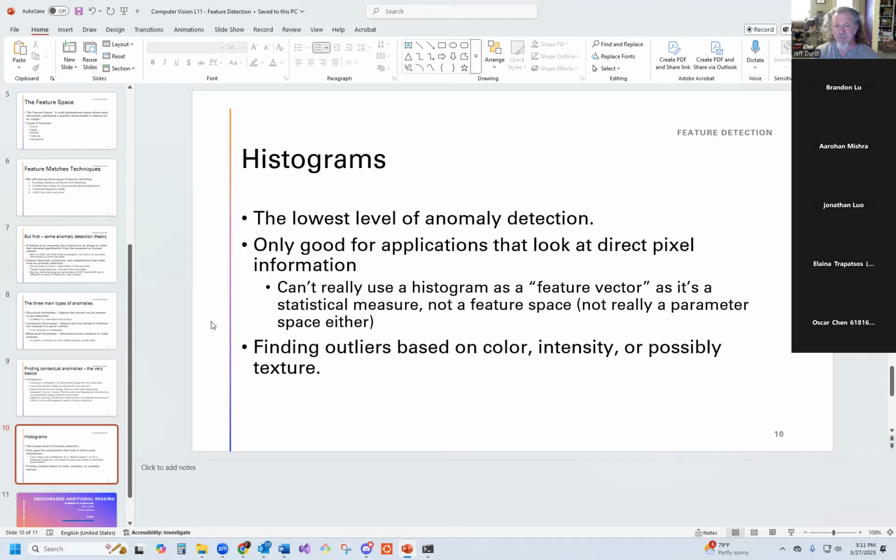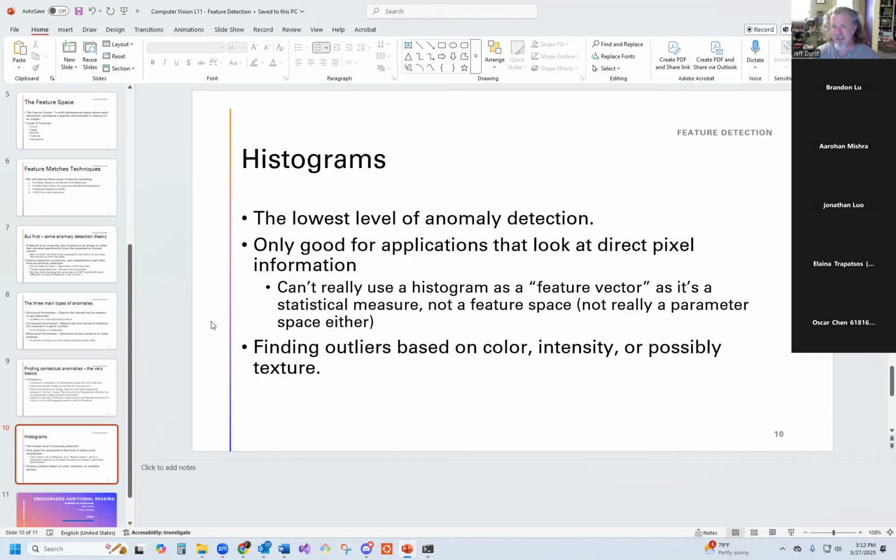And so this is only really good for looking directly at information inside pixels, because you can't really build a normal distribution of features from features in a parameter space, and definitely not from a feature space. What that ultimately boils down to is that a histogram isn't really a parameter space or a feature space, and it's not really a feature vector.